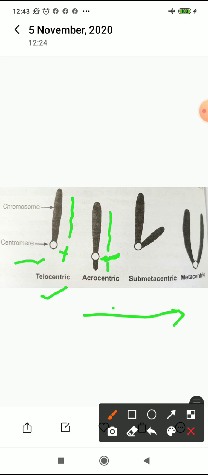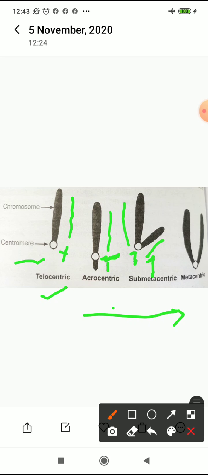The third type is the submetacentric chromosome. These chromosomes look like the English letter J or L, where the centromere is slightly away from the midpoint. The centromere lies slightly away from the midpoint so that the two arms are unequal.